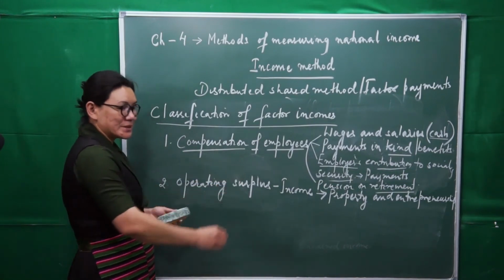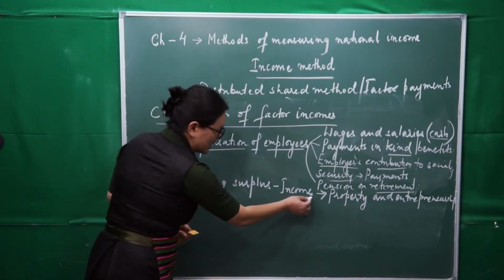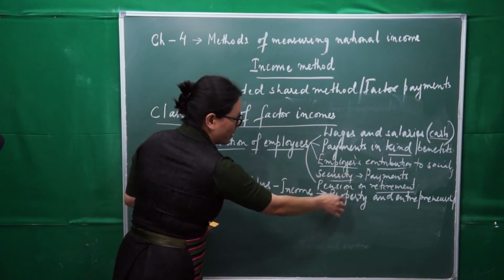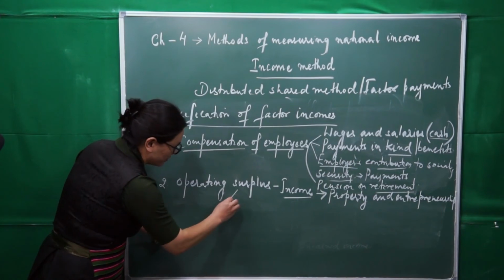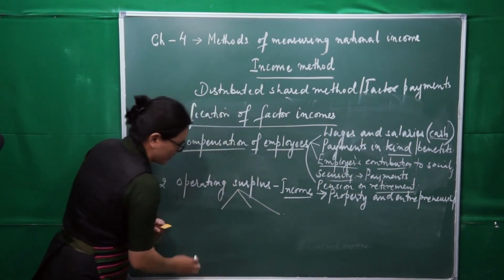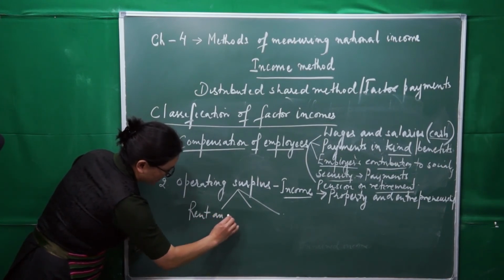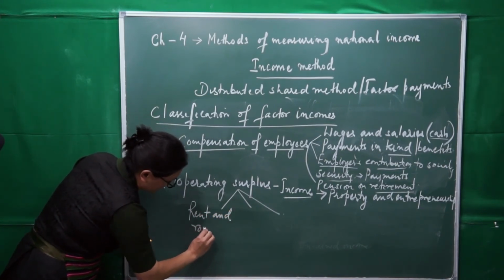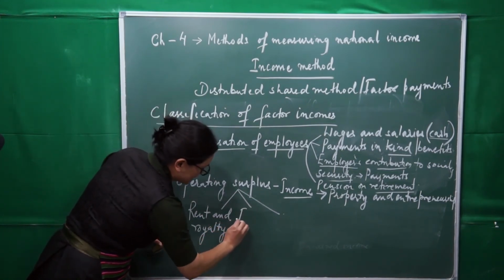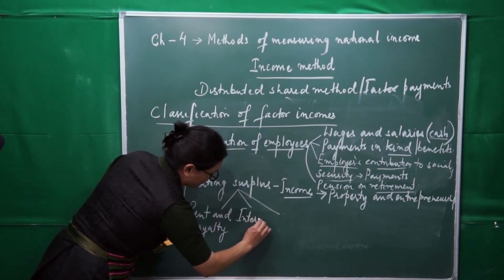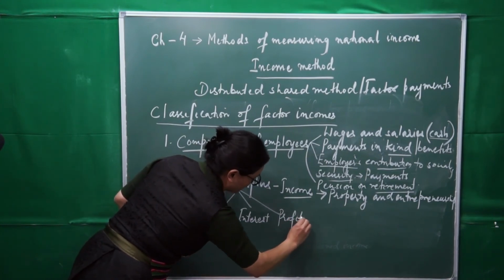Now, this operating surplus comprises of, or we can say, income which is earned from property and entrepreneurship is in the form of, first one is rent and royalty, interest, and then profits.